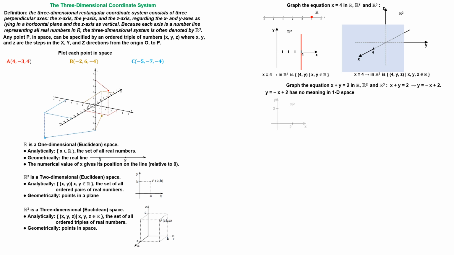In R2, the solution of this equation is the set of all the points that are in the form (x, -x + 2). Graphically, this equation represents a line with slope -1 and a y-intercept of 2 in a two-dimensional coordinate system. In R3, this equation represents the set of all the points that are in the form (x, -x + 2, z).